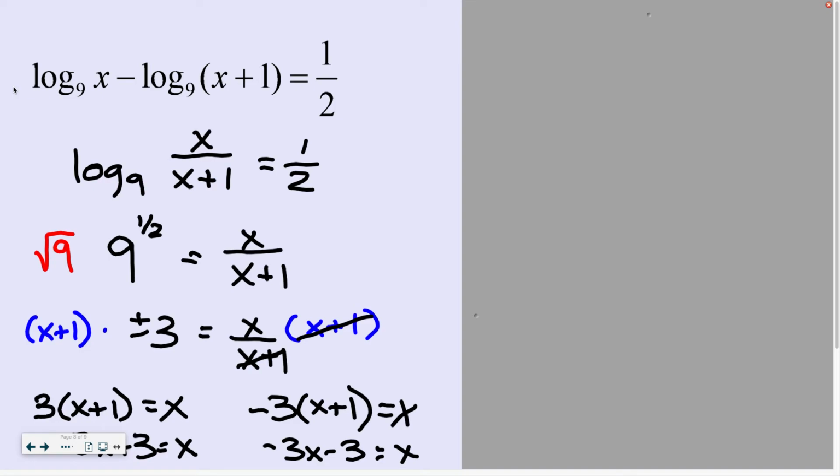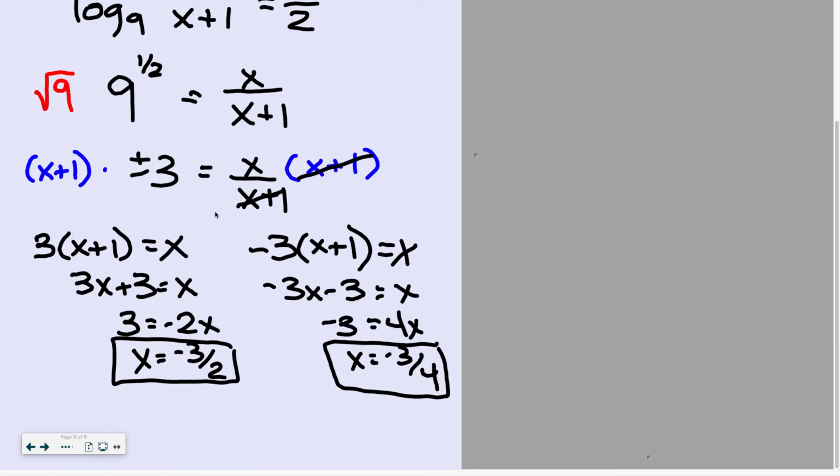No. So both are extraneous, which means you have no solution. There is no number for x that you can put into this left side and make it equal 1/2. Okay, so there's no solution. So I would go down here, I cross them out, and then I write extraneous. And my final answer would be no solution.